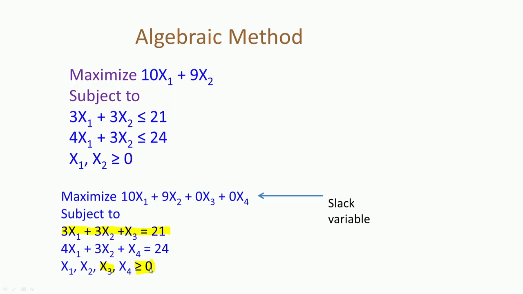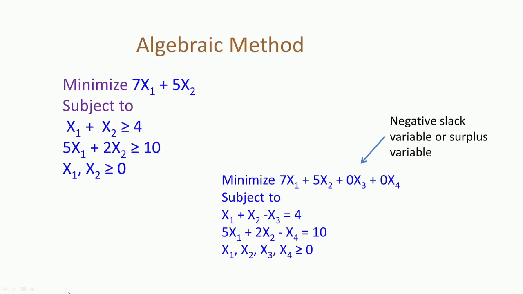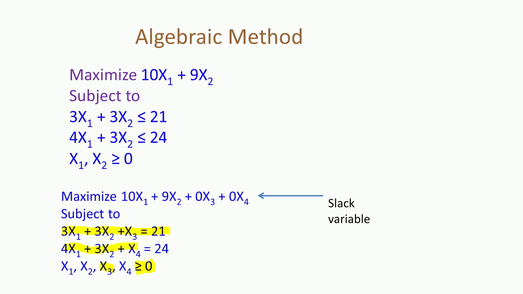In a similar manner, 4x1 plus 3x2 less than or equal to 24 is written as 4x1 plus 3x2 plus x4 equal to 24 and x4 will be greater than or equal to 0. Now, x4 is greater than or equal to 0 because if 4x1 plus 3x2 is equal to 24, then x4 will become 0. If 4x1 plus 3x2 is less than 24, then x4 will take a positive value.